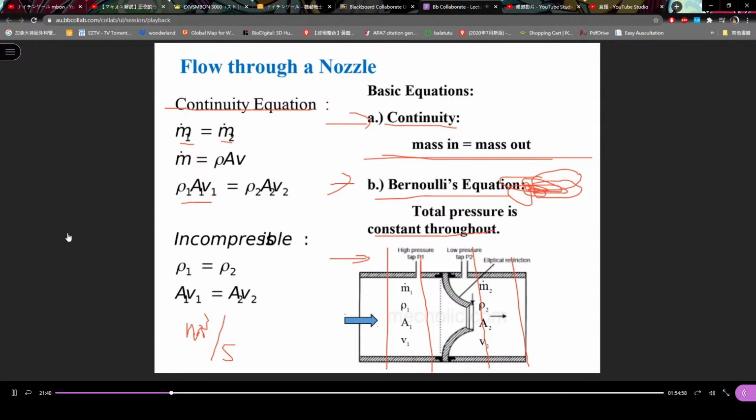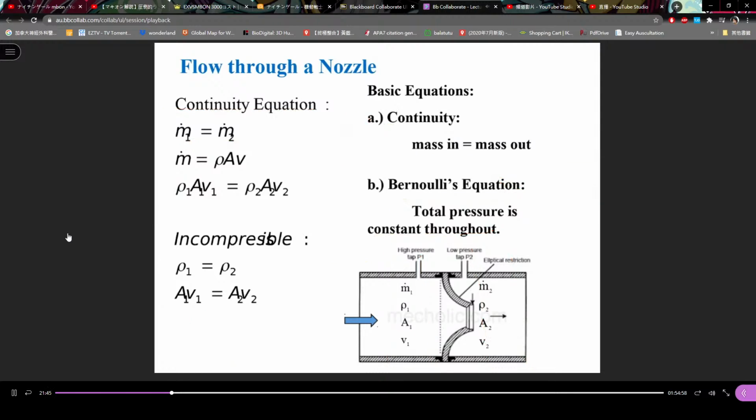Now the continuity equation: M1 is equal to M2. M1 is at this position, M2 is here, at points 1 and 2. M is density rho times A times V. M means kilogram per second.